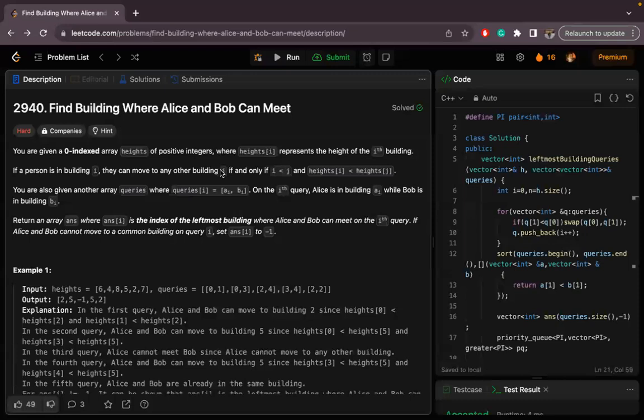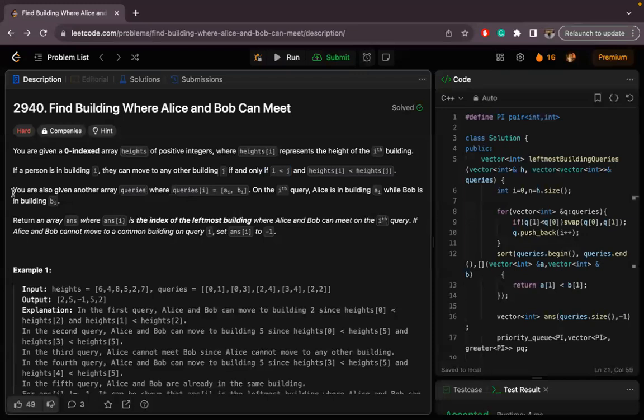So people can move only to a later building, not to a previous building. Remember this. And then any person can move only to a higher building, so they cannot move to a lower building, a building which has less height.